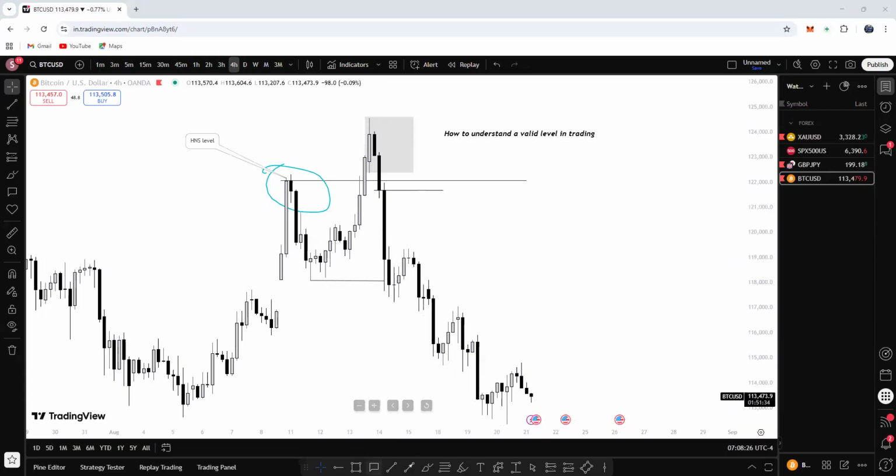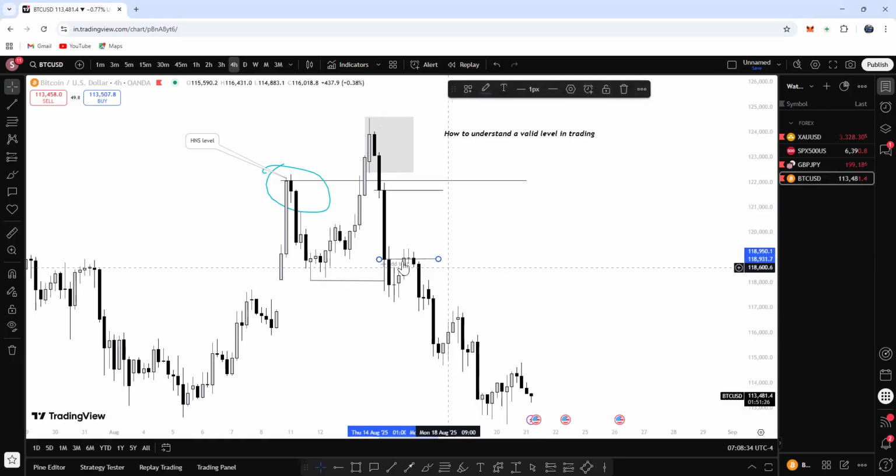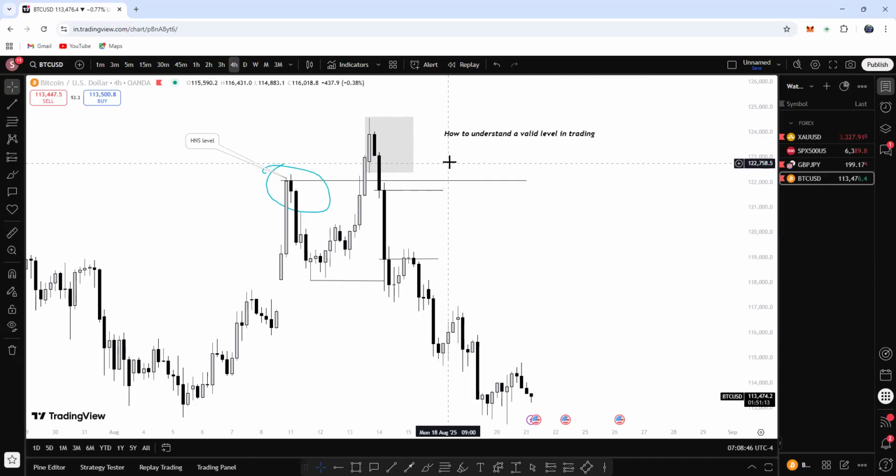So this here is another open and close level. So why you might be marking all of this or be expecting sell from in either of these.